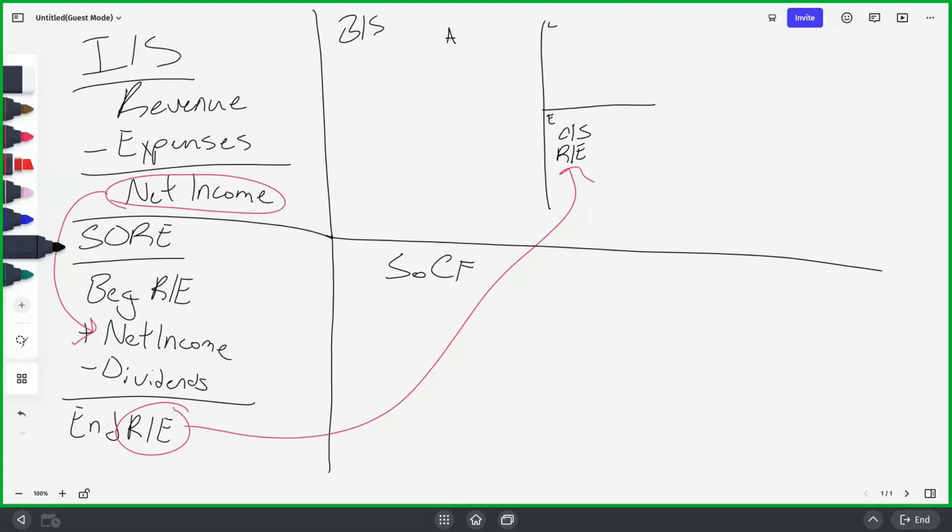There's three, right? There's four. So the last one is statement of cash flows, but you guys don't need to know the bare bones of it yet. And if I were to write it down, it would take much more than this whiteboard. What's the third one? Balance sheet. So we've got income statement, statement of retained earnings, and then balance sheet.